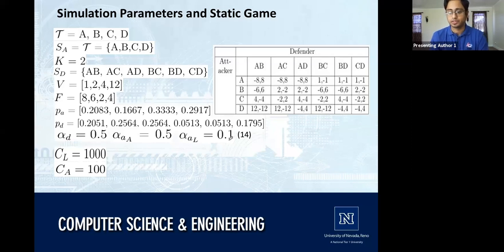I was not able to put equation 14 on this particular presentation due to time and space constraints. Now, C of L is the number of tested ICs per batch in the learning, and C of A is the number of tested ICs per batch in the game. And this table basically showcases the static game, where you have both the attacker, the defender, their corresponding strategies, and their respective utilities based on said strategies.